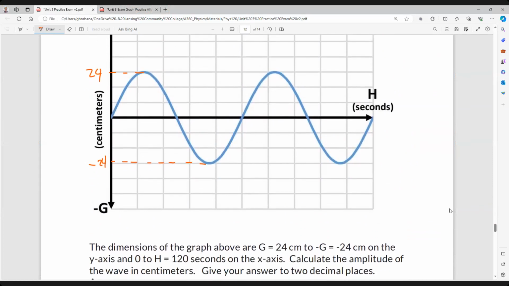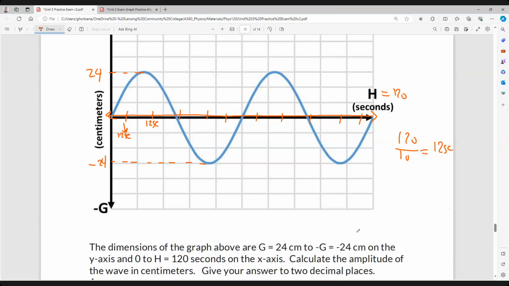And from here to here is 120. We need to count 1, 2, 3, 4, 5, 6, 7, 8, 9, 10. 120 divided by 10 is going to be 12 seconds. So each one of these is 12 seconds.